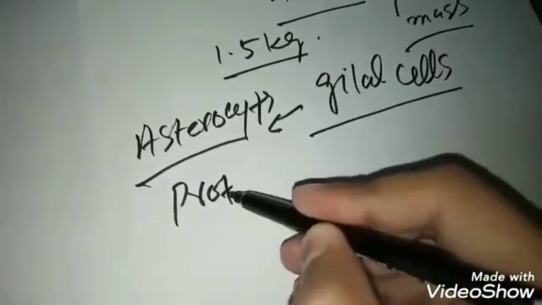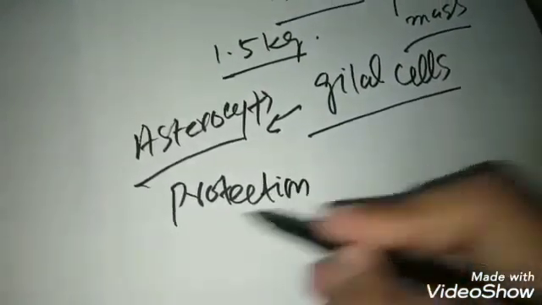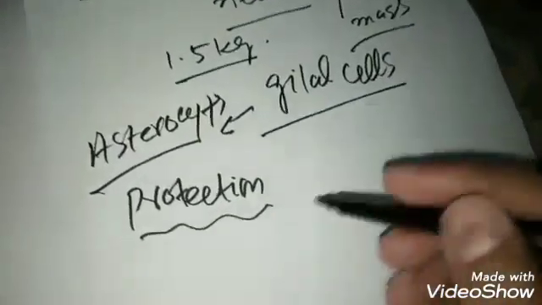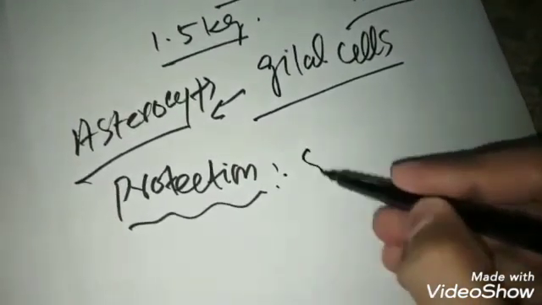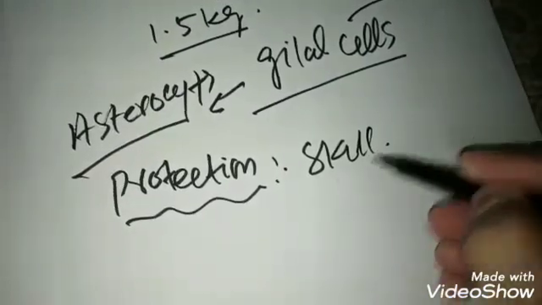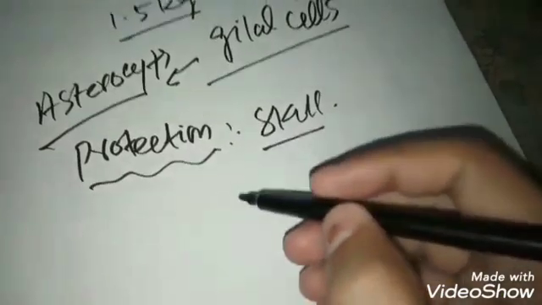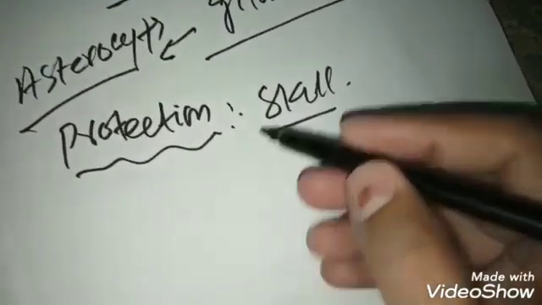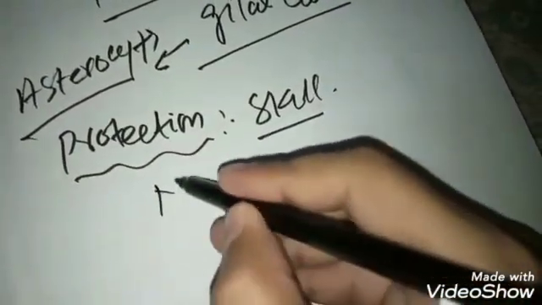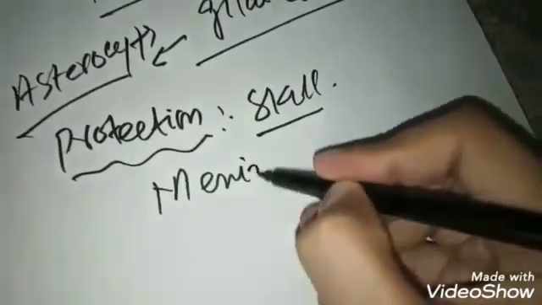Let us talk about protection. The brain is protected by a very hard skull, and then there are three membranes of fibrous tissue under the skull that are called meninges.